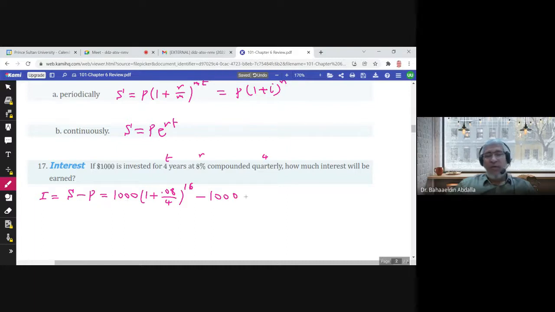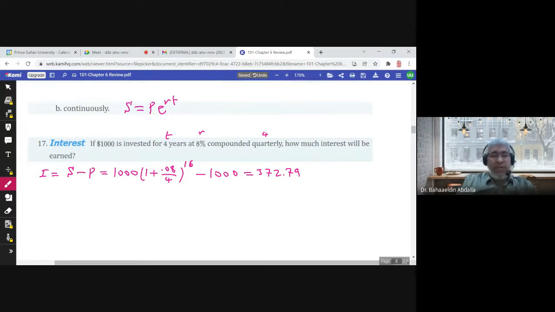And if you calculate this by the calculator, you will find that the answer is $372.79. That's the interest.